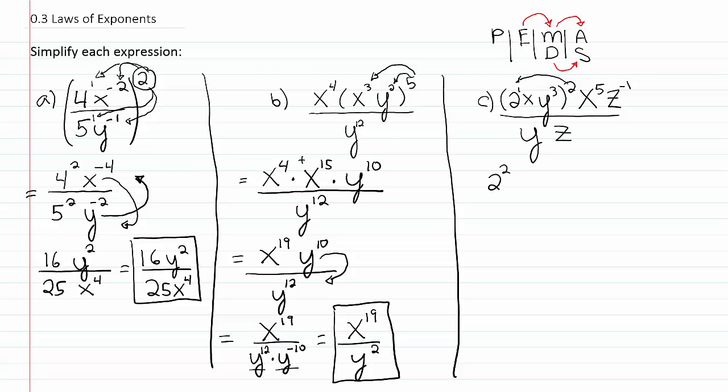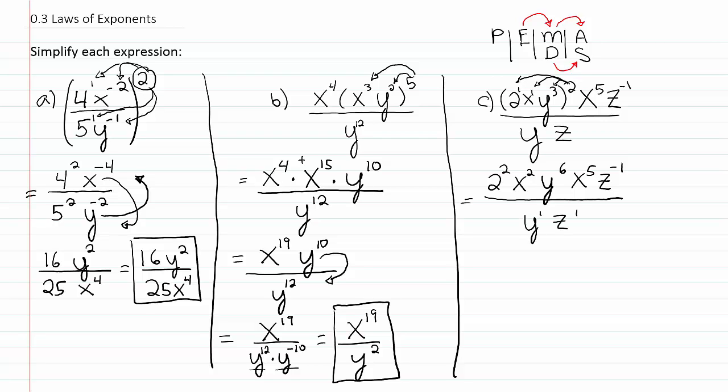And then the x has an exponent of 1, so it'll be 2 times that as well, giving you x squared. And then the 2 comes in to multiply by the 3 on the y, giving you y to the 6th power. Then in the remaining part of the numerator, we have x to the 5th and z to the negative 1 power. So all that's in the numerator, and in the denominator, we simply have y to the 1 power and z to the 1 power.